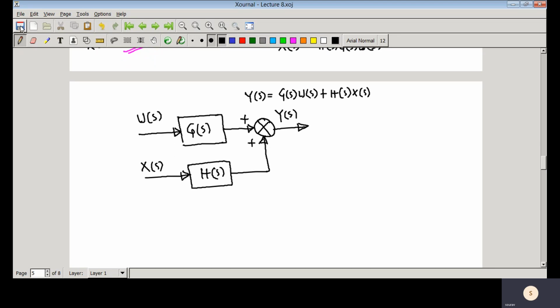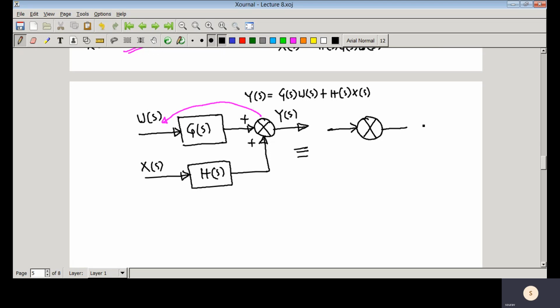Now if you would like to represent this particular block diagram in equivalent form, basically what we are trying to do is shift this particular comparator from that place to this place. If we shift that comparator, then we are interested to see how the block diagram transfer functions would be changing.